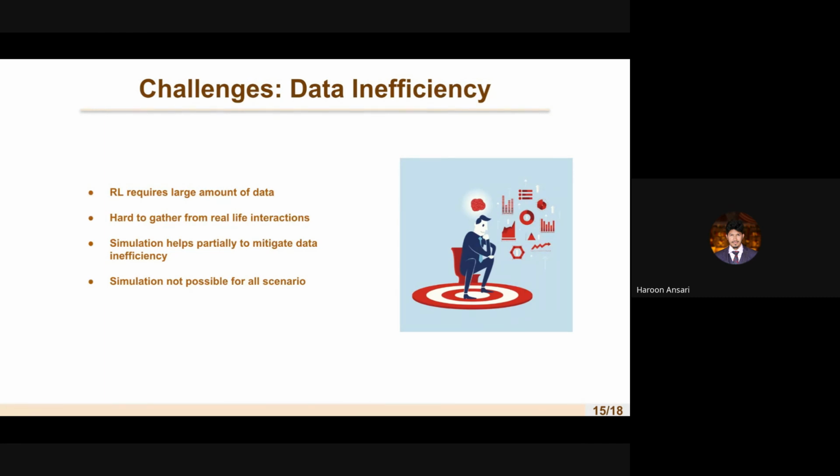But simulation is there to help. For example, in the case of autonomous vehicles, everything is almost deterministic. When you accelerate, the car will move this much forward. If you brake, the car will stop after this time. So it can be simulated, and when something can be simulated, it can be run on a supercomputer to make it super fast.